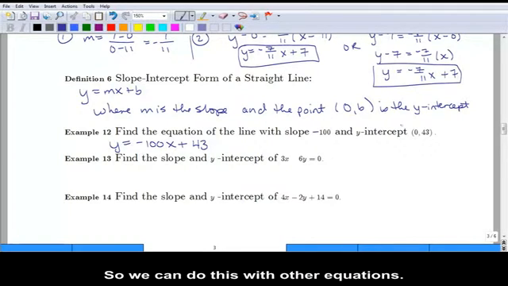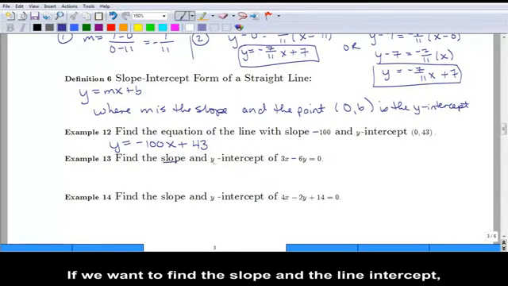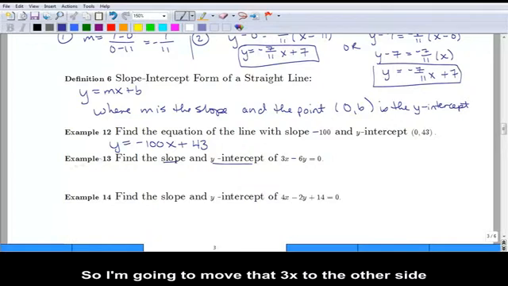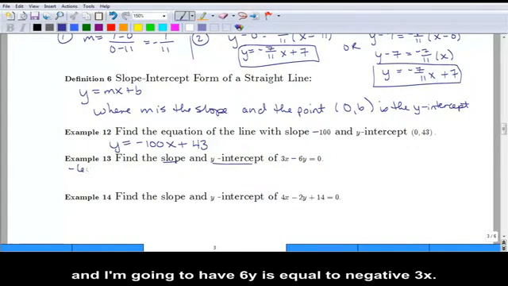So we can do this with other equations. We end up with 3x minus 6y is equal to 0. If we want to find the slope and the y-intercept, we need to put this in y-intercept form, which is the easiest way to do so. So I'm going to move that 3x to the other side, and I'm going to have 6y is equal to negative 3x.